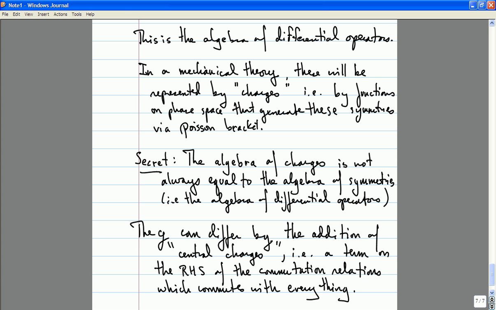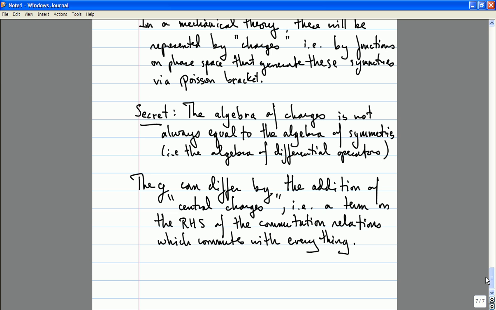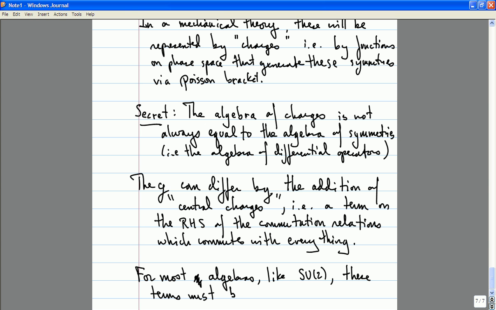And the reason why you almost never learn about this is that for most groups, and in particular for most algebras, like, for example, the rotation algebra, such terms cannot be added, or in particular they must be equal to 0, or else you have some violation of the Jacobi identity.